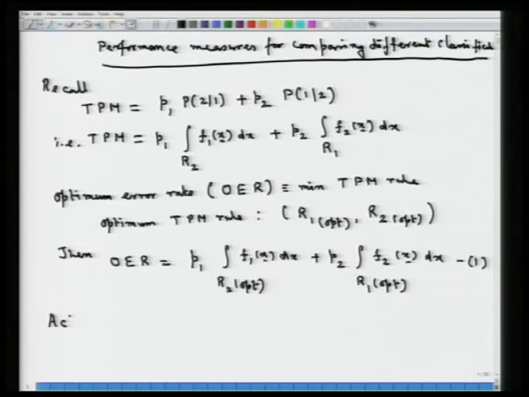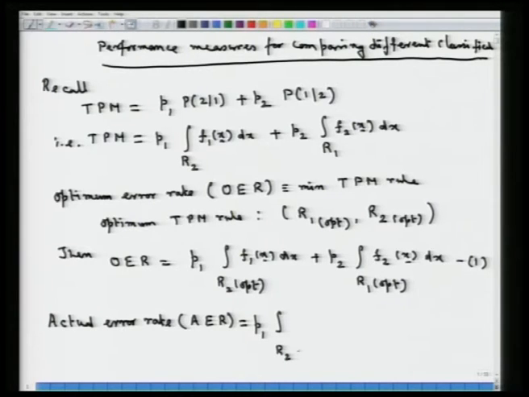Hence, for any practical purposes, given the data based on the learning sample, one would be estimating these quantities, and the measure that is based on such quantities is called the actual error rate, or AER.